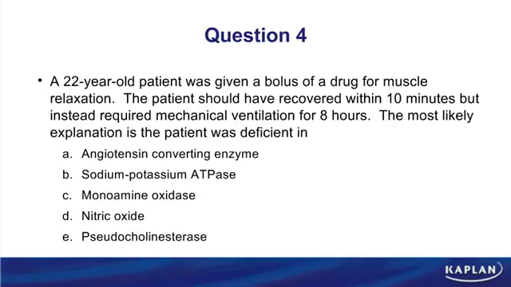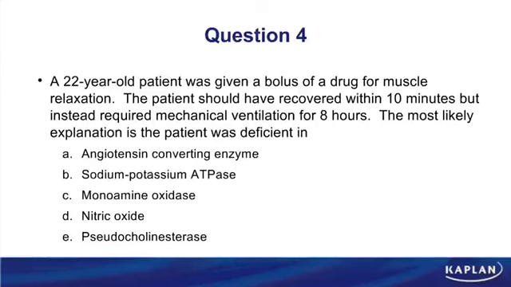This is question 4. Pause the video, review the question on your own, and then we will discuss. A 22-year-old patient was given a bolus of a drug for muscle relaxation. The patient should have recovered within 10 minutes, but instead required mechanical ventilation for 8 hours. The most likely explanation is the patient was deficient in what?